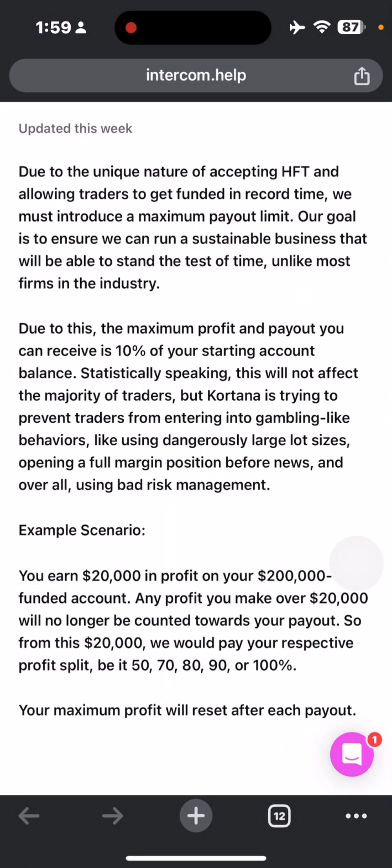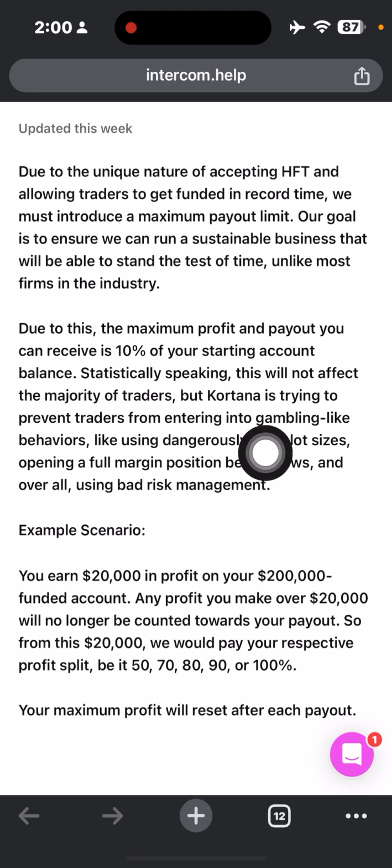Now, when it comes to payouts, the one thing this prop firm does that I really love is they control the greed factor. They won't say that because you're having a 200K account, you can make a profit of 200K or 100K and they will pay you. No, they give a cap. Now, this is the cap.